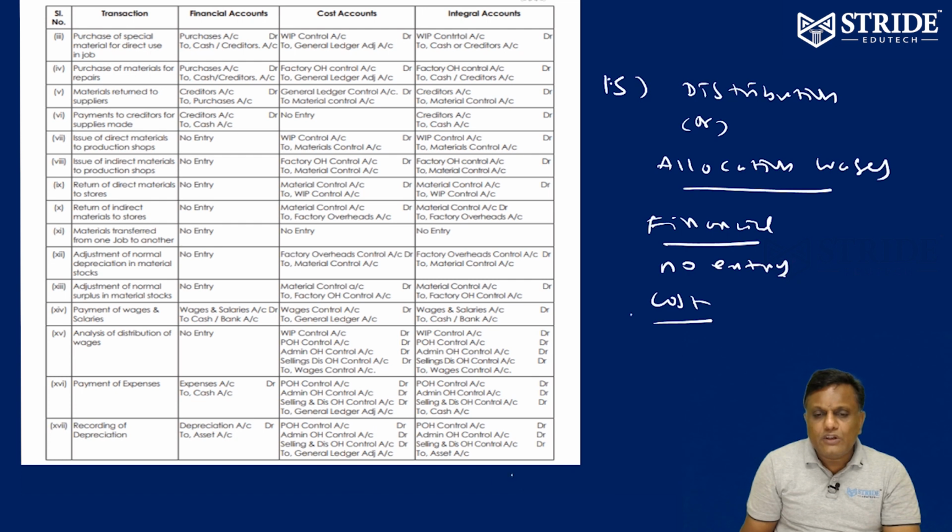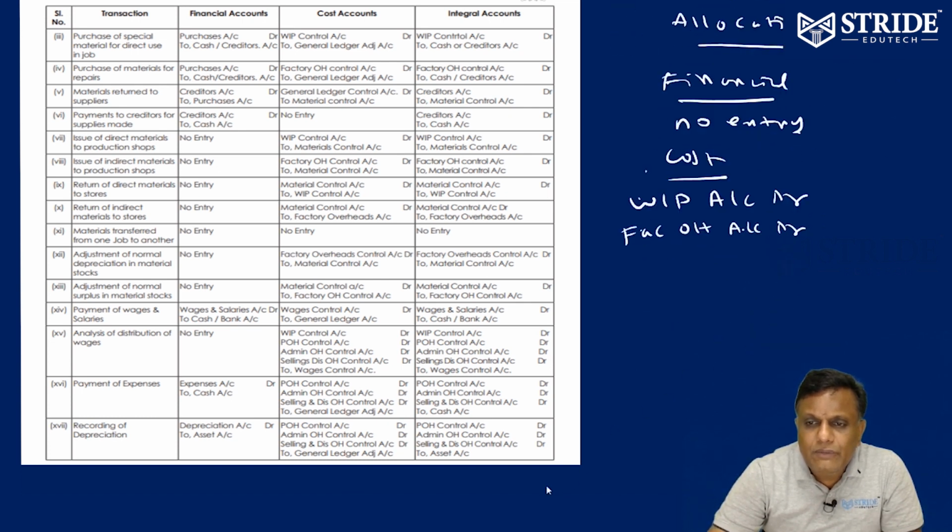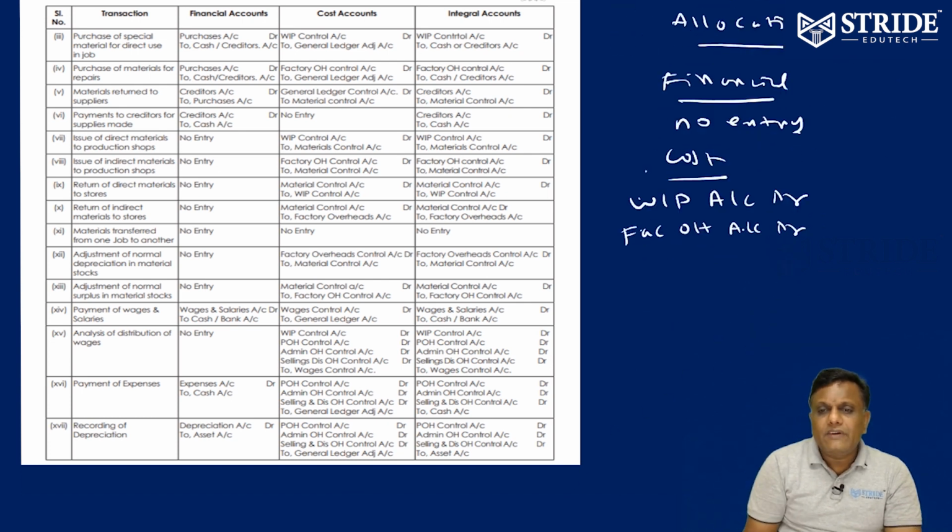Whenever the wages are transferred to WIP, direct wages are given now, it is WIP control account debit. Indirect wages are given means it is related to factory, then factory overhead control account debit. Next another indirect wages allocation, admin.